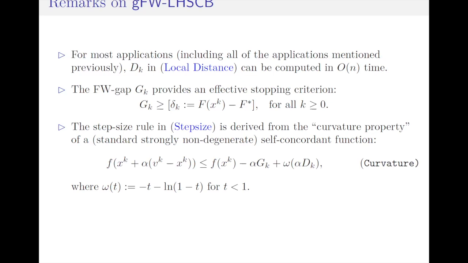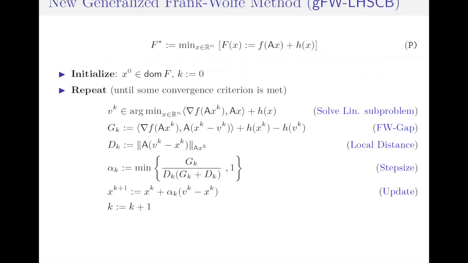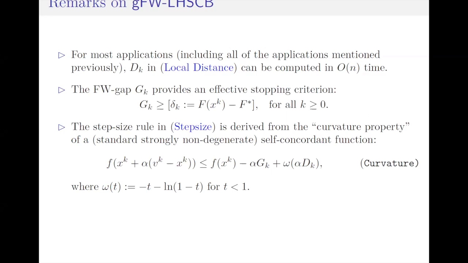But if we use this curvature condition, which is specific to self-concordant functions, then after you differentiate and do all the math, you will recover this step size that we have here. As you can see, this curvature condition is very different from the so-called descent lemma, which is for Lipschitz gradient functions. Specifically, it involves the local distance here. So everything about a self-concordant function is actually measured locally.